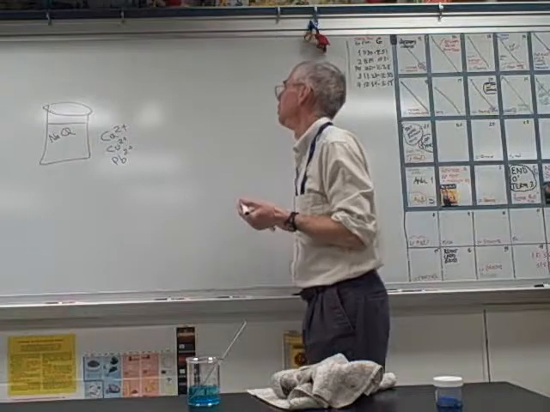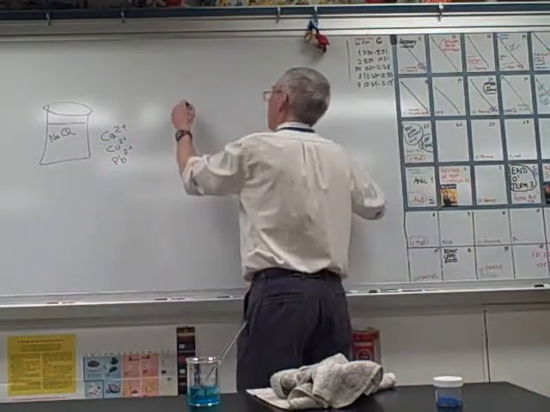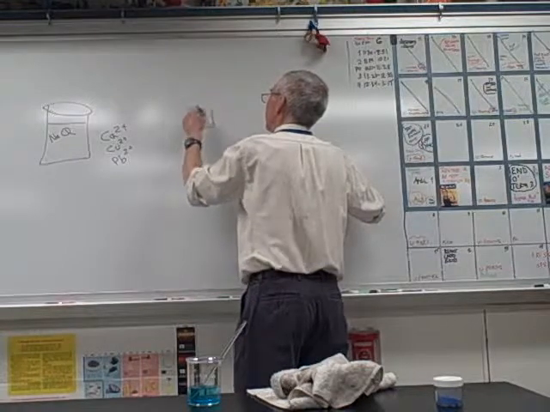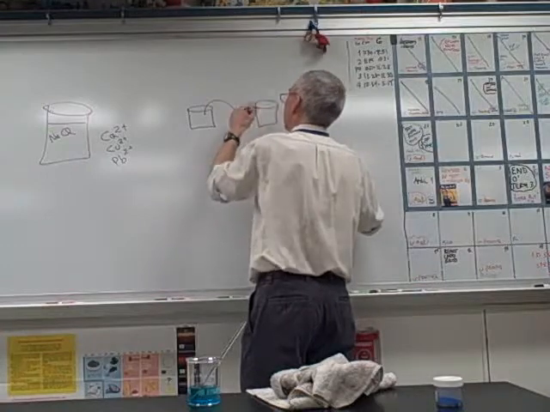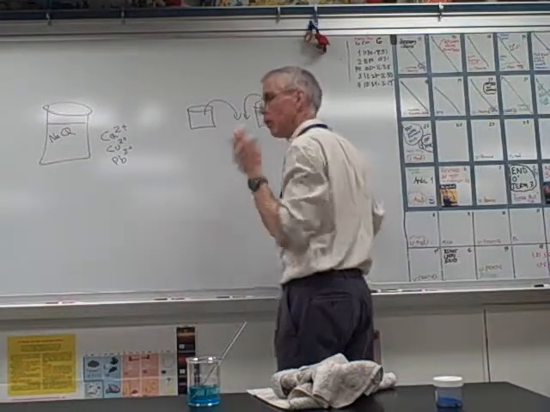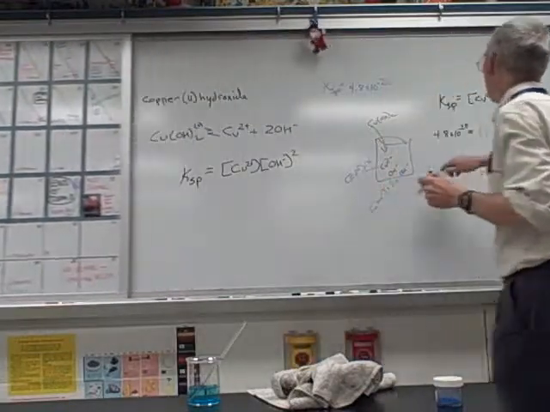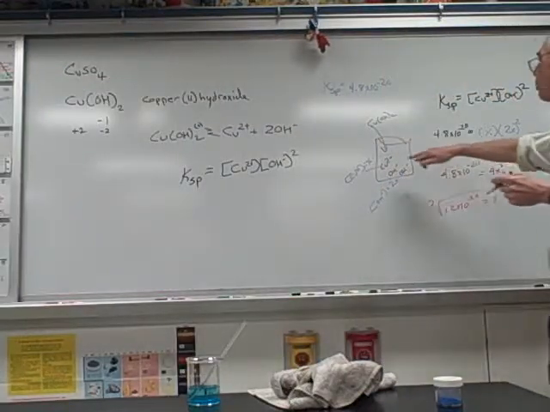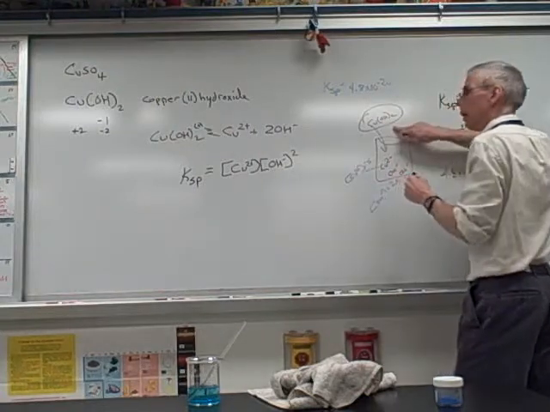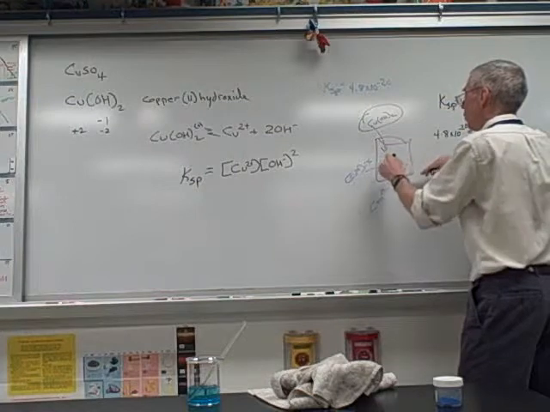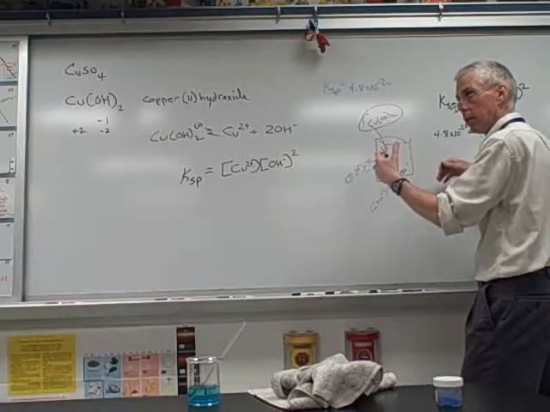All right, so what we then do is we can pour together 2 solutions and ask if it precipitates. We're going to take it the other way. In this case, we said if we put copper hydroxide into water, some of it's going to break up, some of it won't, if we have enough to reach saturation.